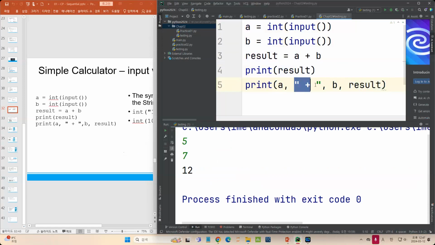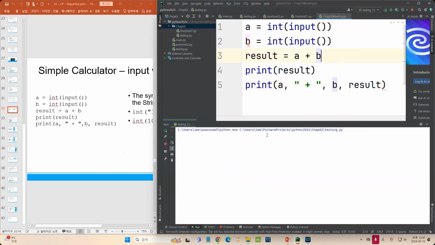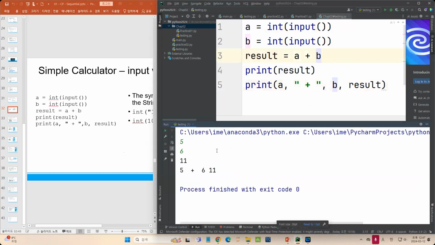And then I would like to print a string because it is in between the double quotes. And I want to print plus. I want to print b, and I want to print result. So 5, 7, 6. Okay. So it will show 5 plus 6 and 11.